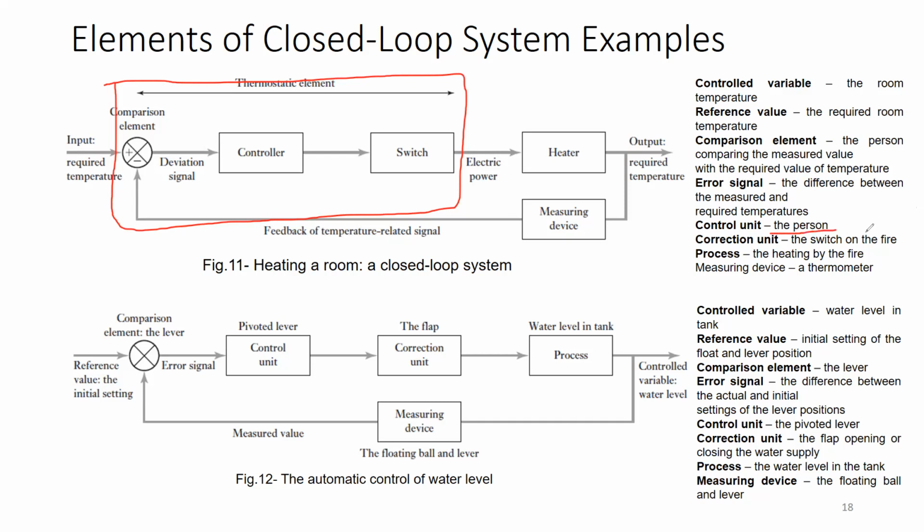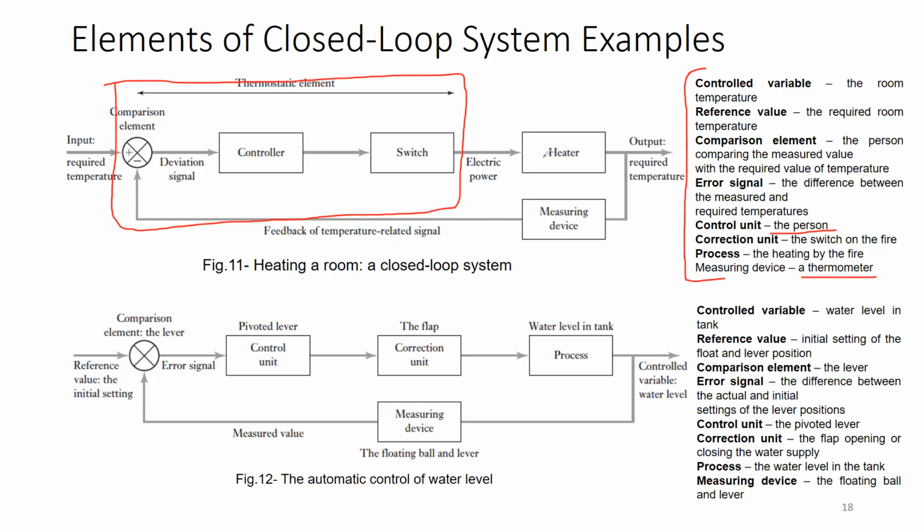The correction unit is the switch, and the process is the heater, which is giving the heat, and the measuring device is a thermometer. So this is a manual system.